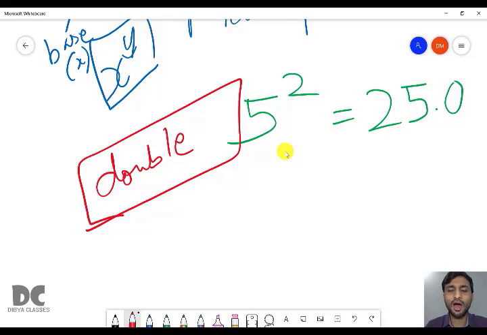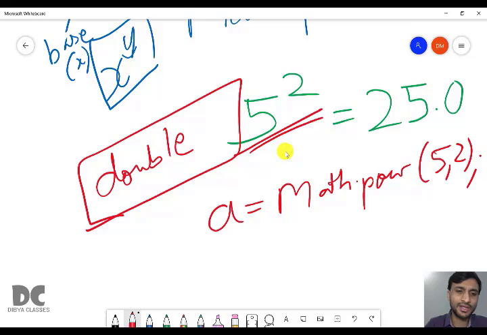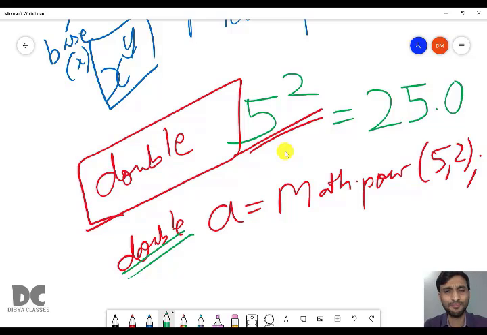After finding the output using Math.pow(5, 2), because like this it cannot be written on the keyboard, we'll get some value. That value will be stored in a variable of type double. The type of the variable will always be double. It is very simple. If you want to find the power of a number, you have to use Math.pow.